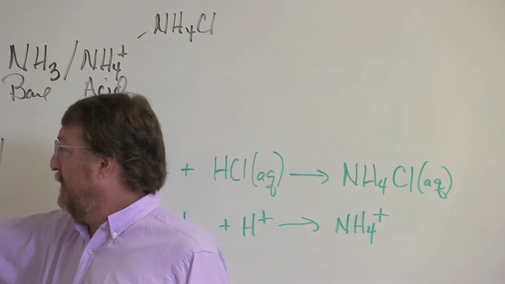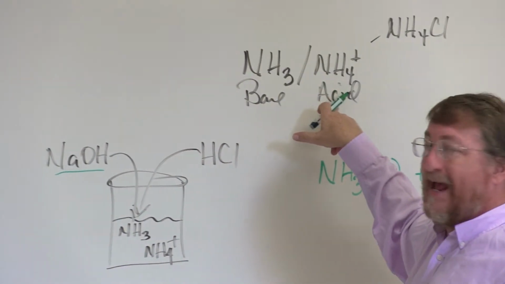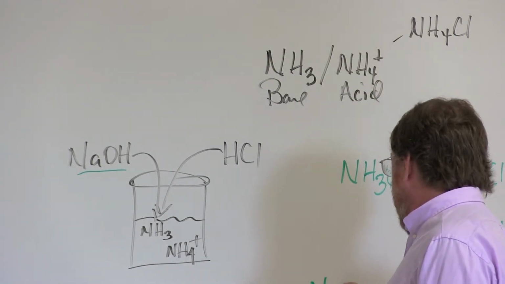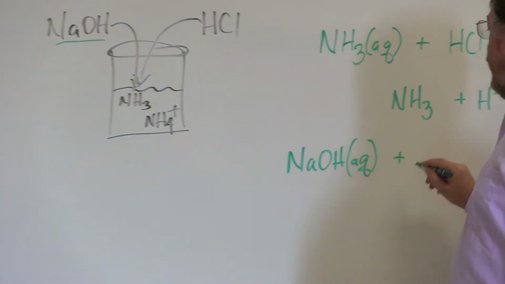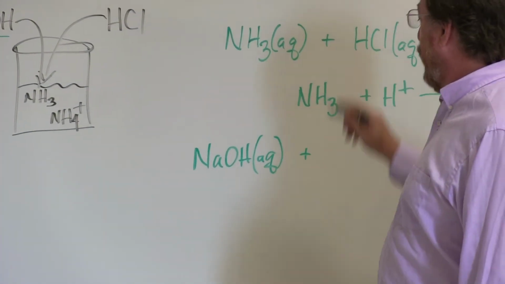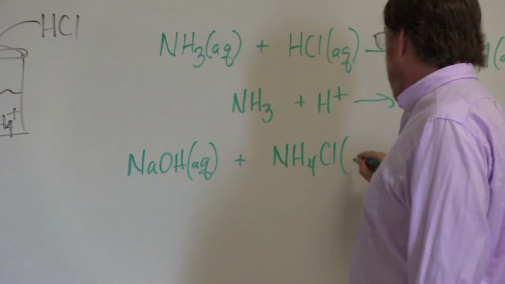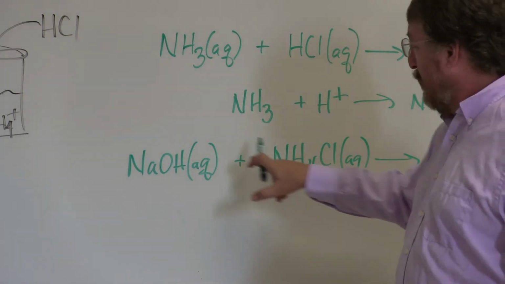Now what about the base? I'm adding the base in. The base is going to selectively react with the acid component of the buffer. So I'm going to have NaOH plus, in this case, the ammonium ion. I'll write it out as ammonium chloride. This is a double replacement reaction.